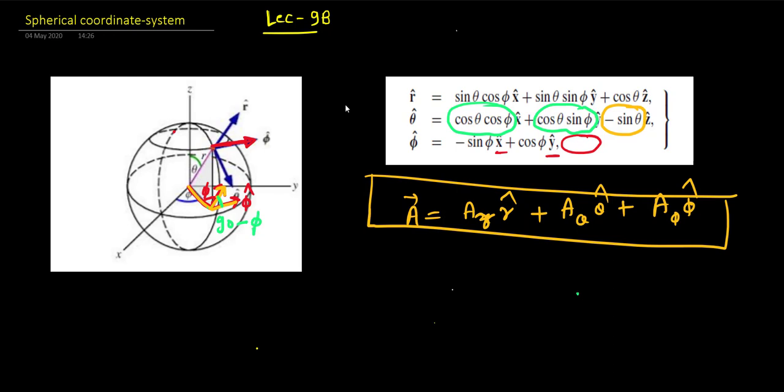So the x component would be phi cap sin phi, and it is in the direction of negative x, because x is in this direction. So the x component is simply minus sin phi. Now look at the y component. This was the phi, so this component would be phi cap cos phi. It is in the positive y direction. So the y component is cos phi.